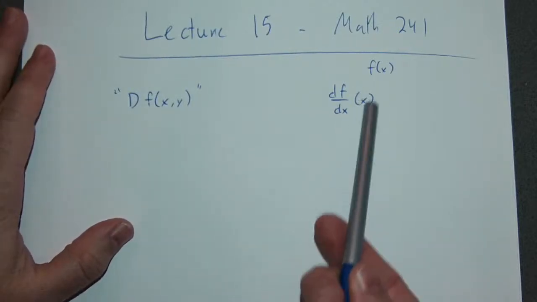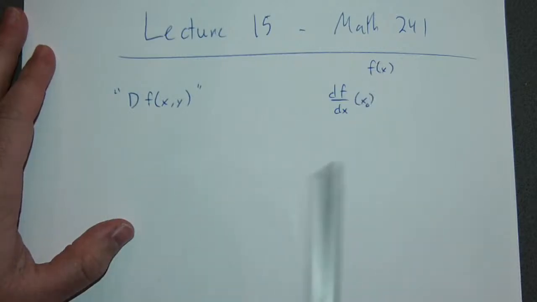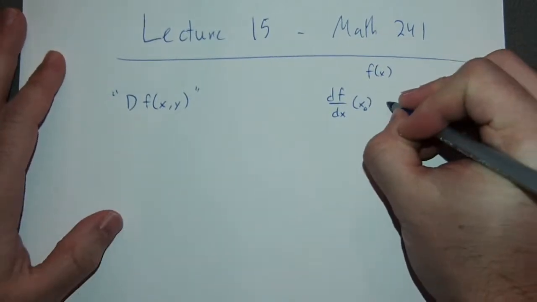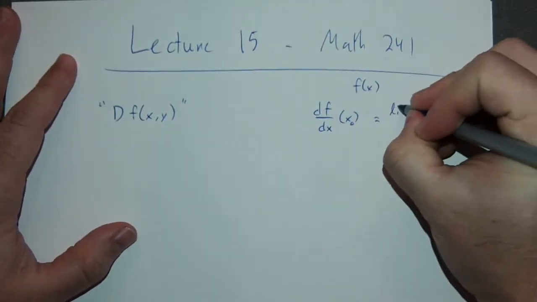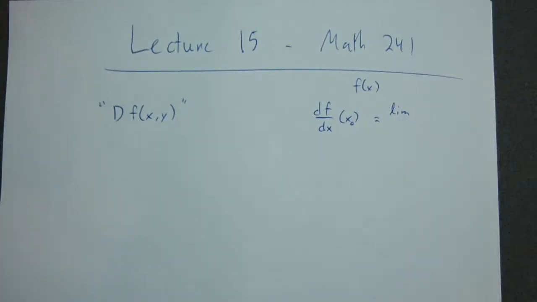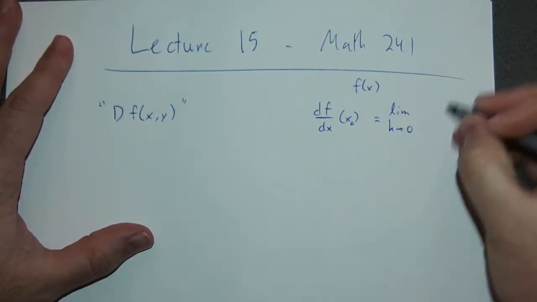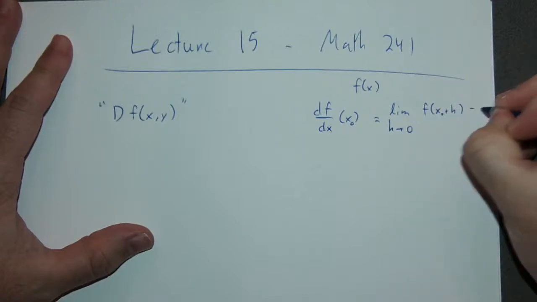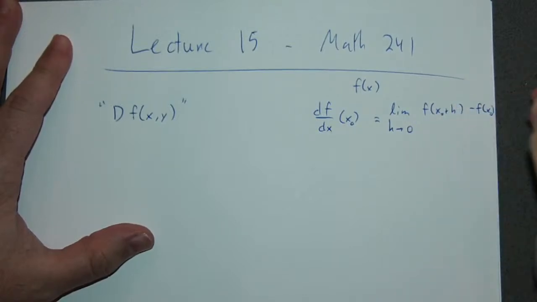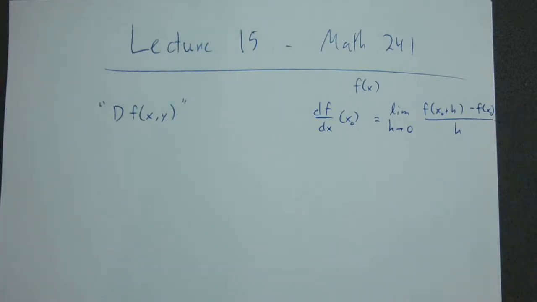And to do that, we recall how to define the derivative of a function of a single variable at some point. This is defined, remember, there's a couple of equivalent definitions, using the difference quotient here, but this is defined in terms of a limit, and this is the limit as h goes to 0 of f of x naught plus h minus f of x naught all over h, right?